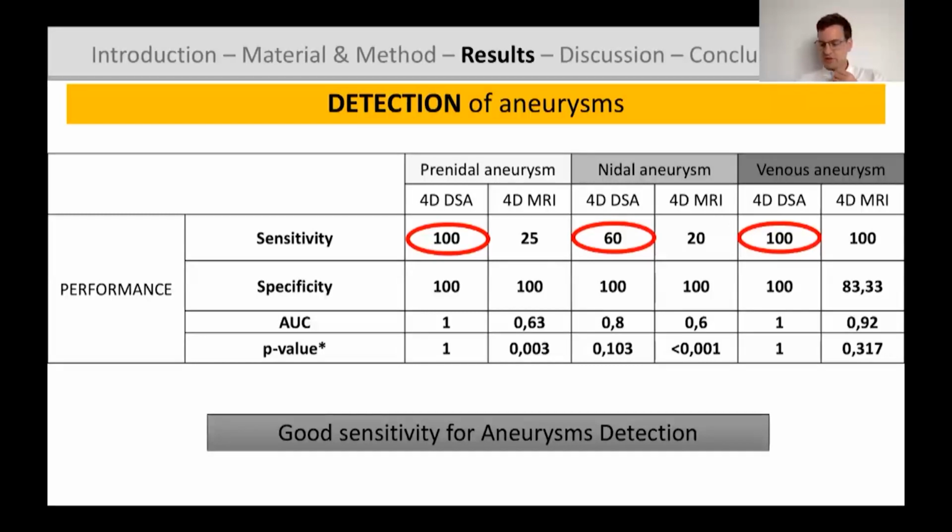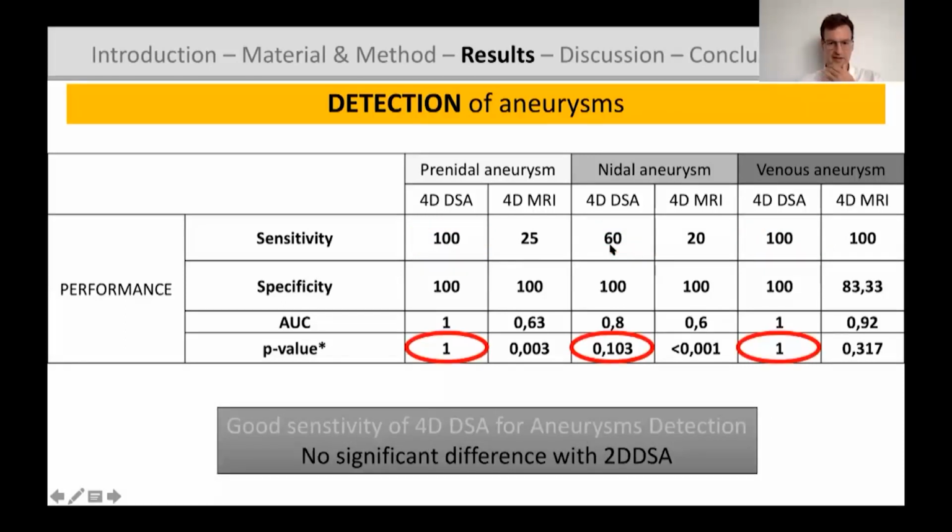Just to go briefly into the results, for the 4D DSA there was a good sensitivity in terms of performance for aneurysm detection, better for prenidal aneurysm and venous aneurysm than for nidal aneurysms, not a big surprise.